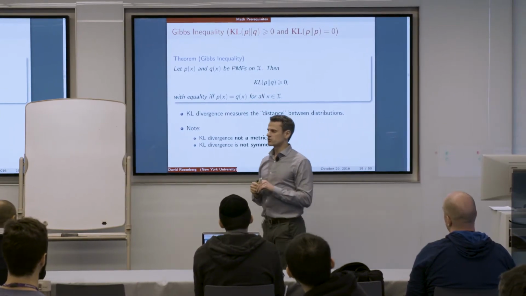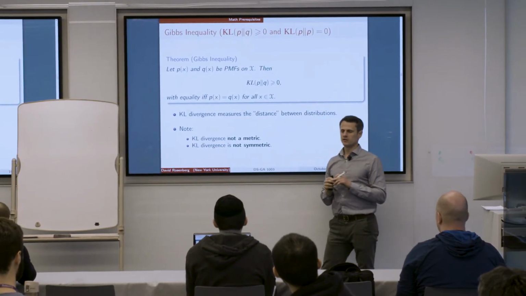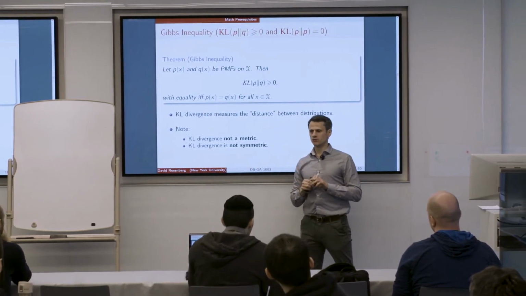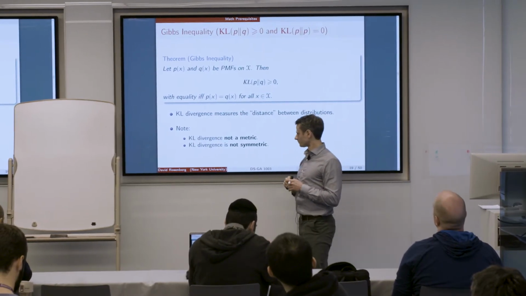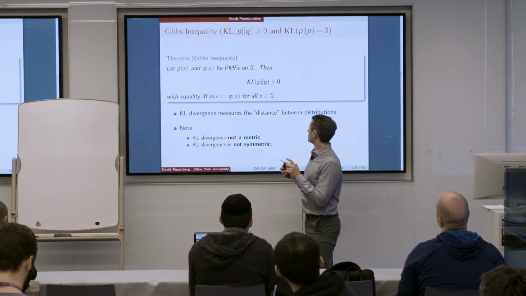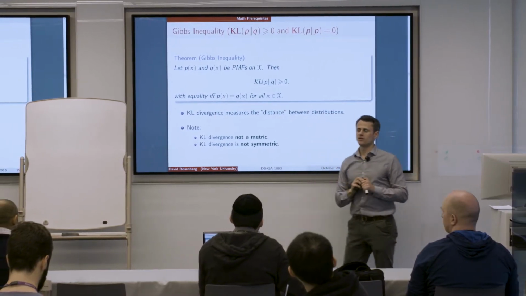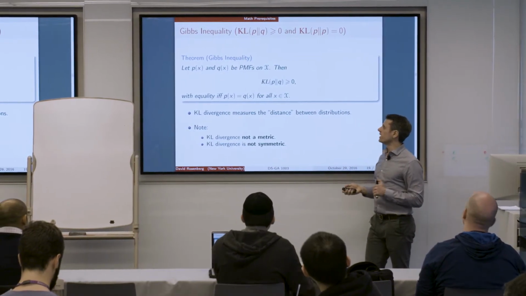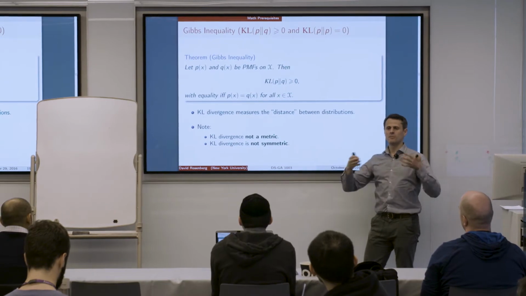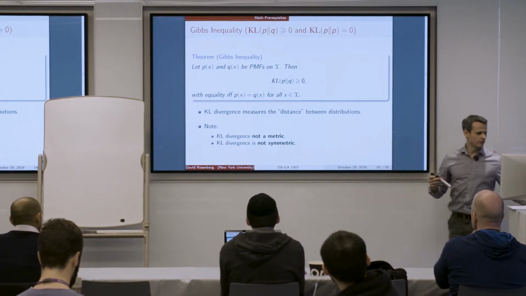The KL divergence is 0 between two probability mass functions if and only if the mass functions are exactly equal. The same is true for densities in the continuous version of this. So this fact will help us in understanding some properties of the EM algorithm, because we're going to come across an expression that we're going to recognize as a KL divergence.